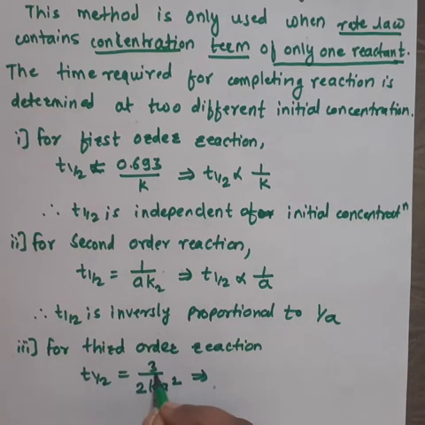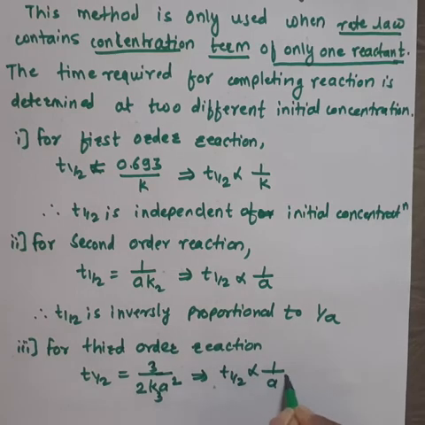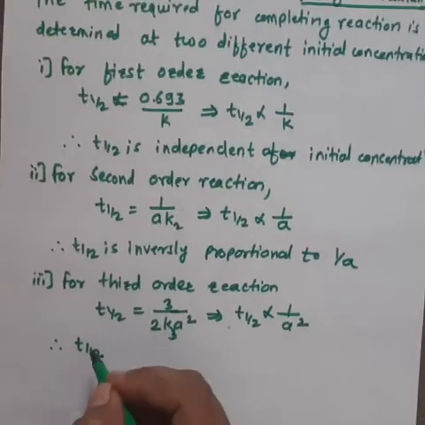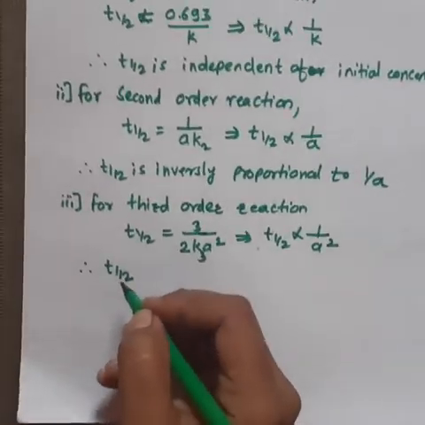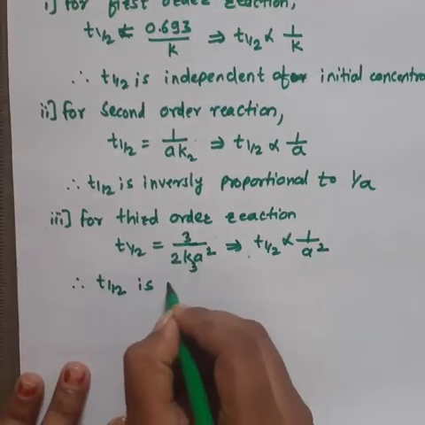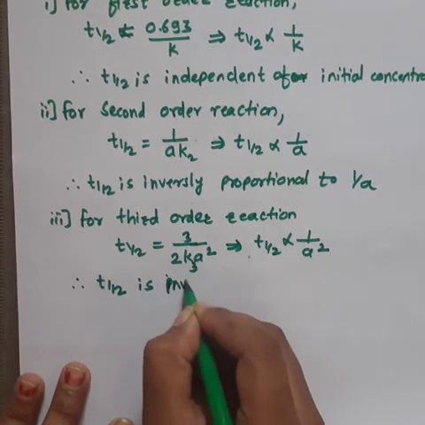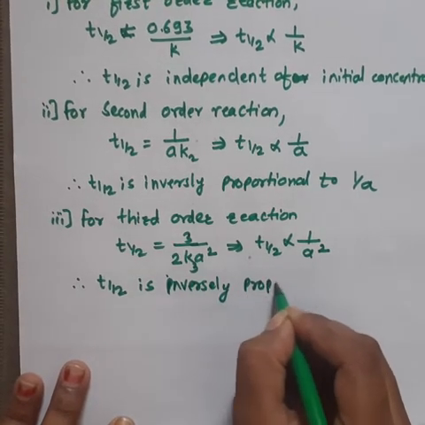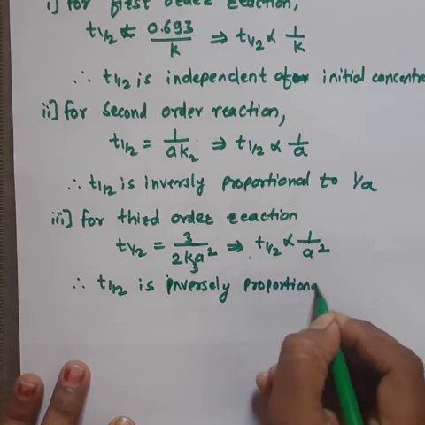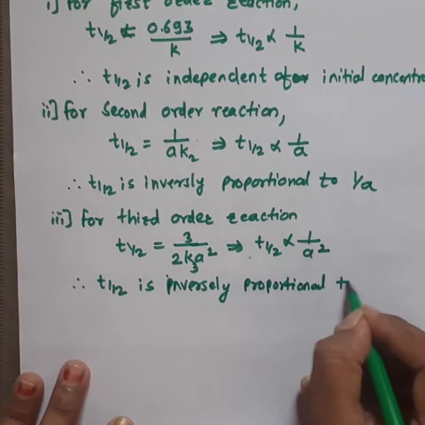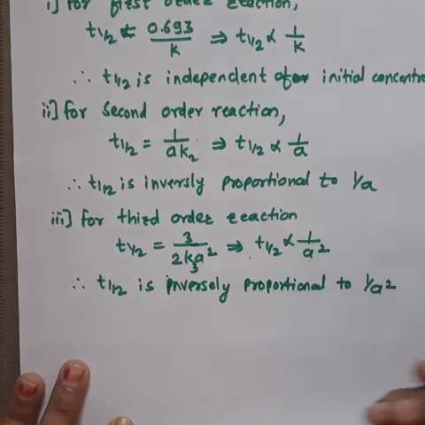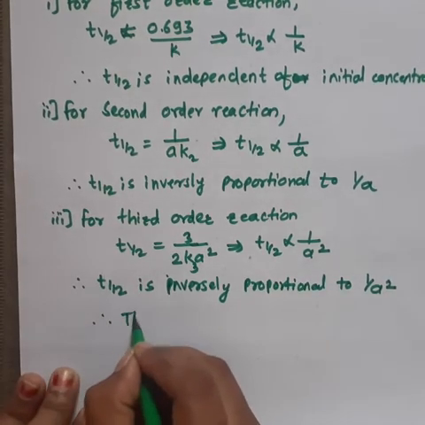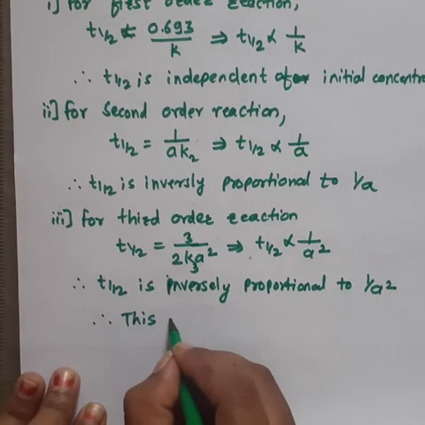Therefore, T half is inversely proportional to 1 upon A square.